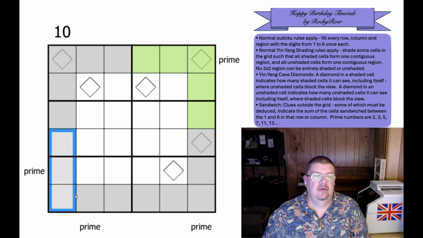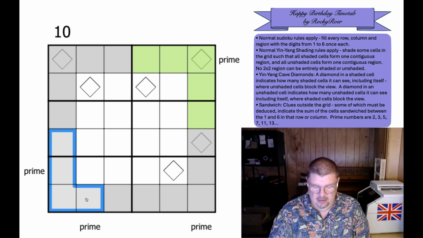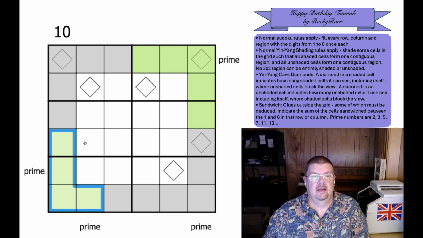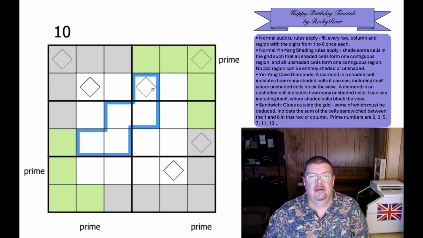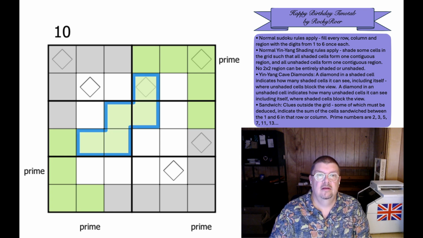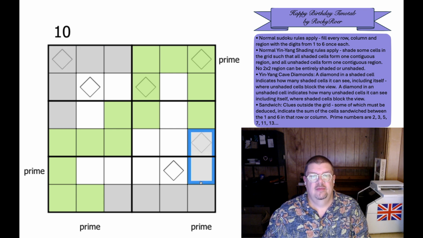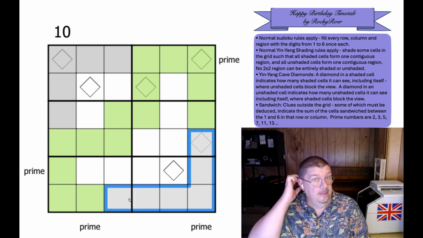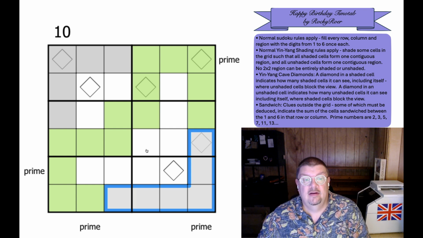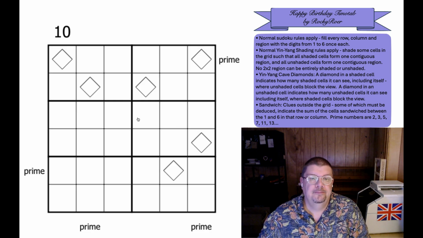Well, supposing I put some green over here. Now, I can connect this green to that green, but now I've isolated this gray from this gray, and can't connect them up, and so that does not fit with the rules. Okay, that's some useful things to think about.